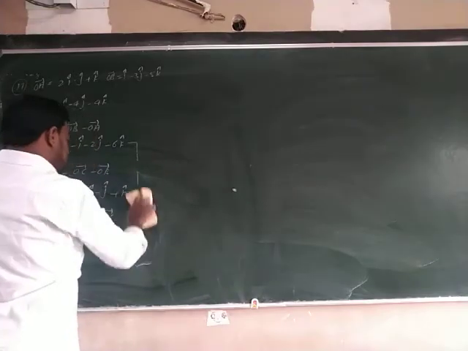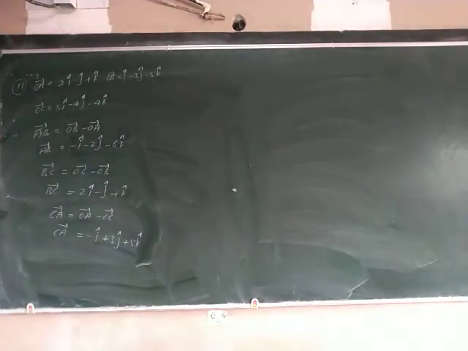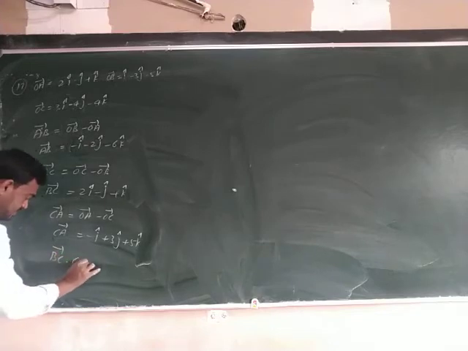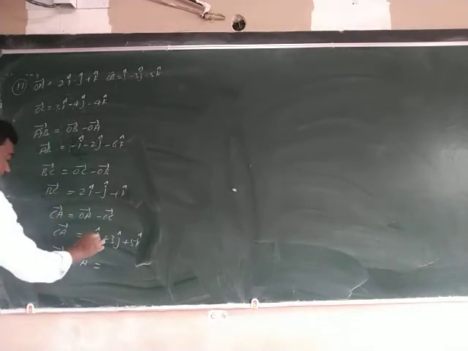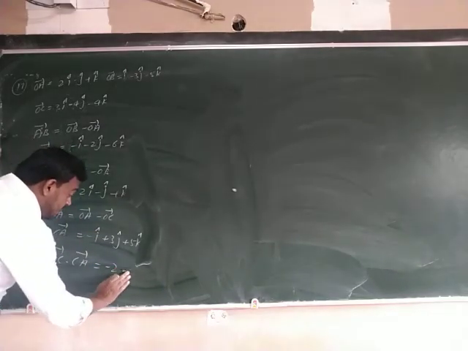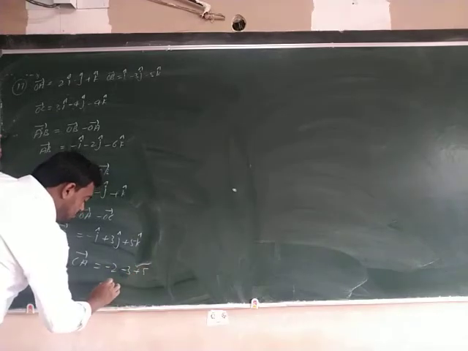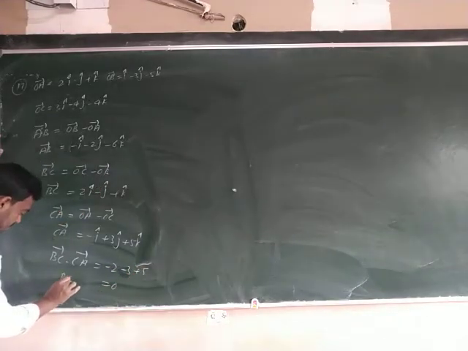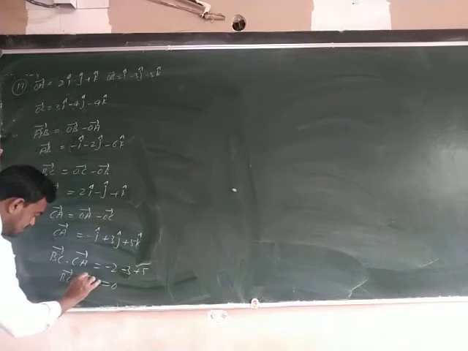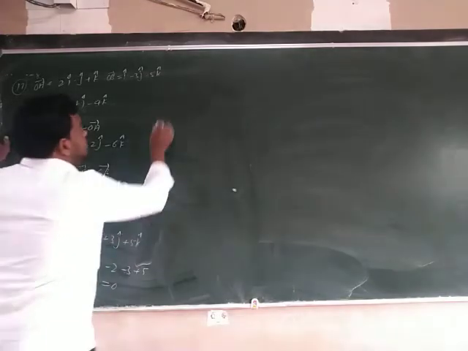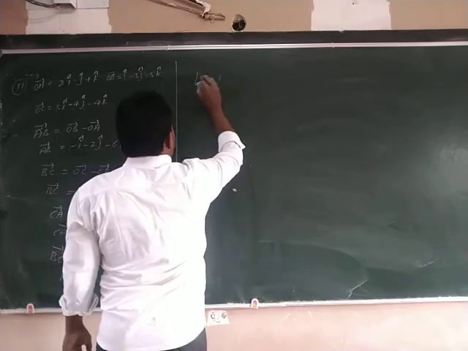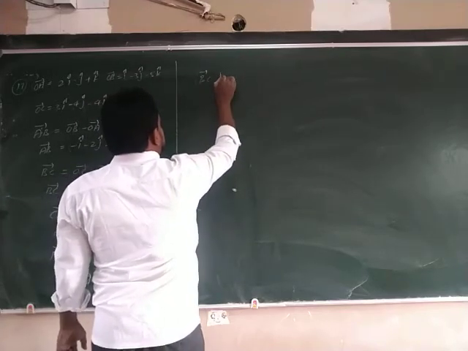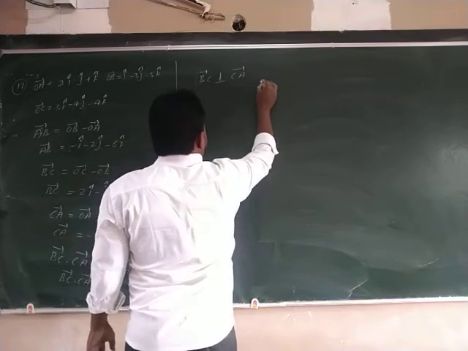You find it like this: first you find vector BC dot CA, which equals minus 2 minus 3 plus 5, equal to 0. Vector BC dot vector CA equals 0, so vector BC is perpendicular to CA.